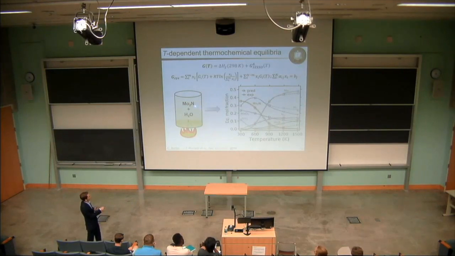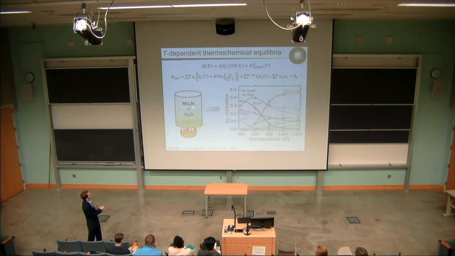That could mean the oxidation of molybdenum nitride to molybdenum oxide. It could mean molybdenum oxide reduces to solid molybdenum. Basically, this optimization program says these materials will find their minimal free energy state subject to the constraint that this is a closed system with respect to transport of solid state species or the transport of any atomic species.